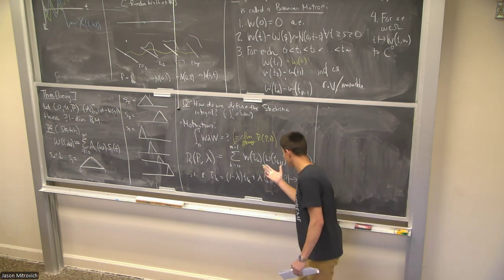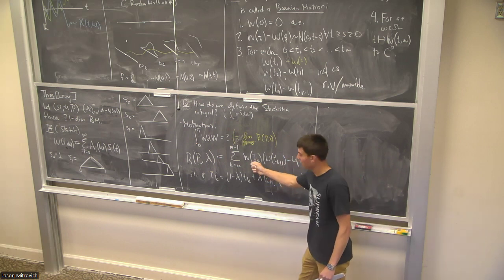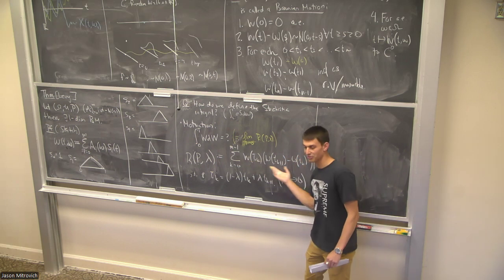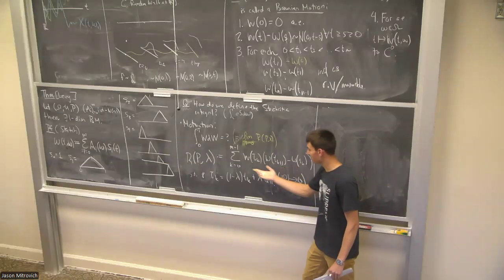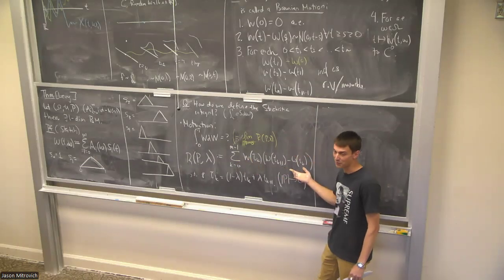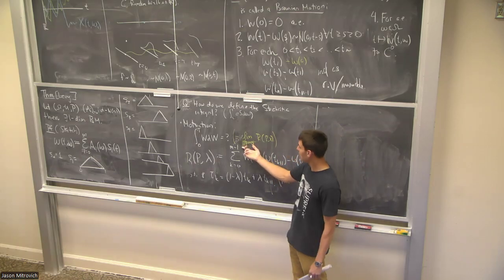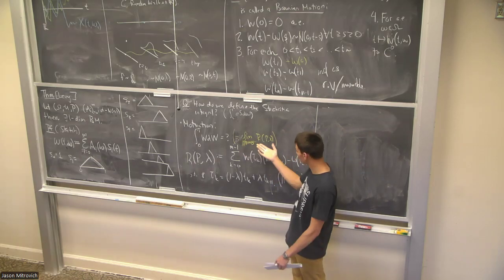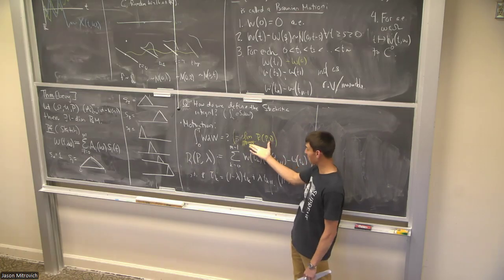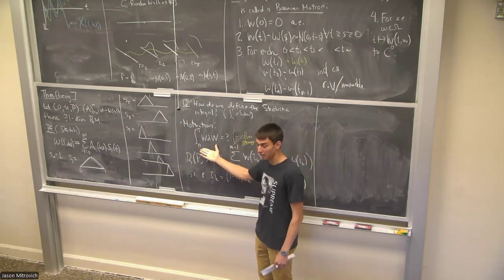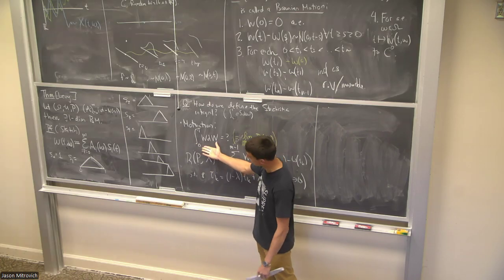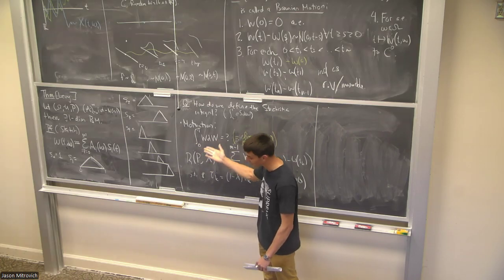Well, for any fixed t, these things are all measurable functions, right? So this is a sum of measurable functions, which is itself a measurable function. And we're saying that we have a limit of measurable functions, and a countable limit of measurable functions is measurable. So this thing will be a measurable function. Hence, at least right now, the integral itself is a measurable function.